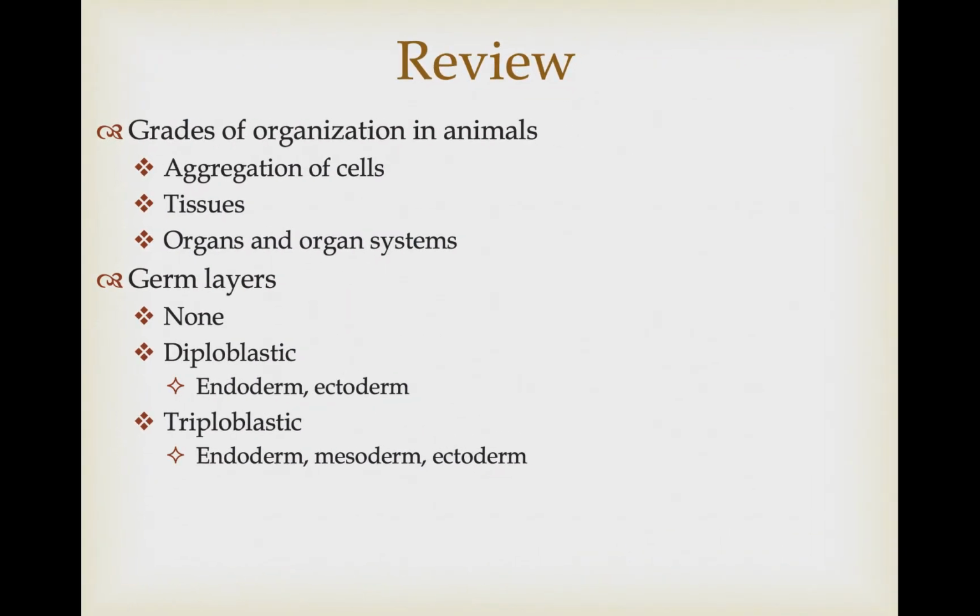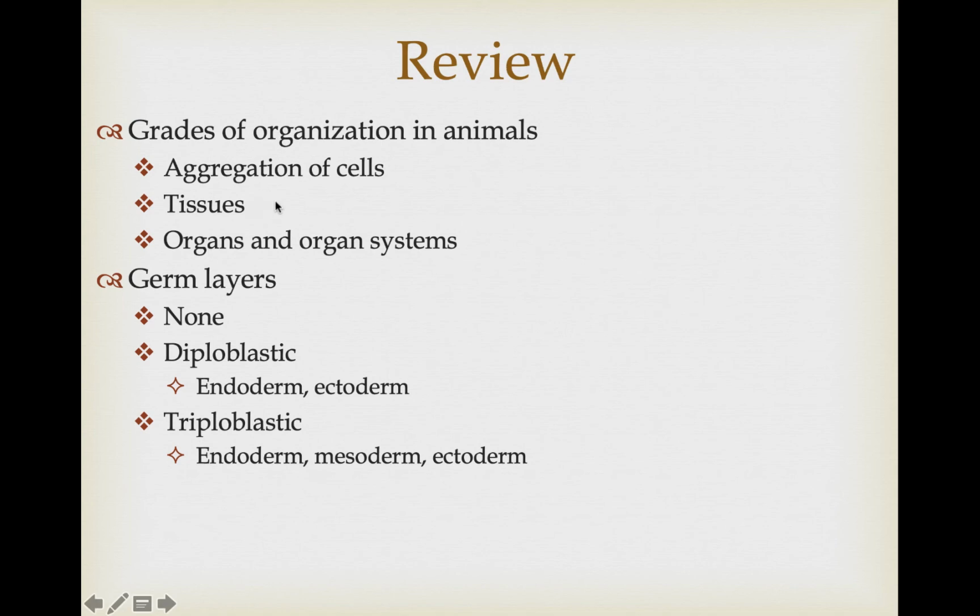All right, so in review, we summarize the grades of organization in animals. The simplest animals, we'll talk about the earliest animals, the sponges, really are not much more than just an aggregation of cells without a lot of specialization, some cellular specialization, but not really organized into tissues.